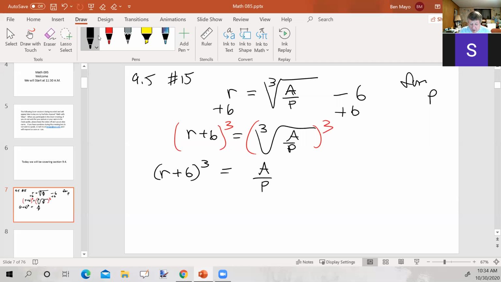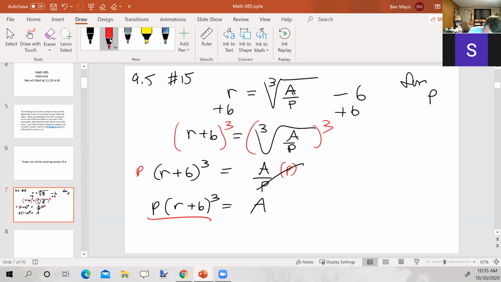All right. Now, I'm trying to get P by itself, not A. P is in the denominator. What I'm going to do is I'm going to multiply both sides times P. That will give me P times the quantity R plus 6 cubed equals A. But again, I'm trying to solve for P. So now I'm going to divide both sides by the quantity R plus 6 cubed.